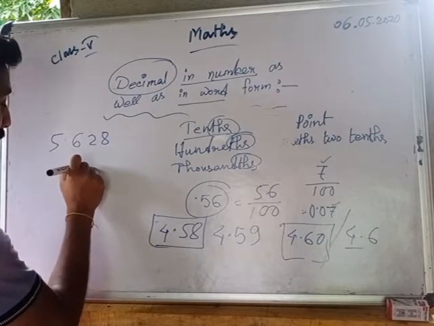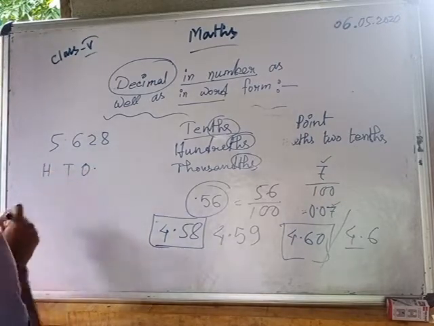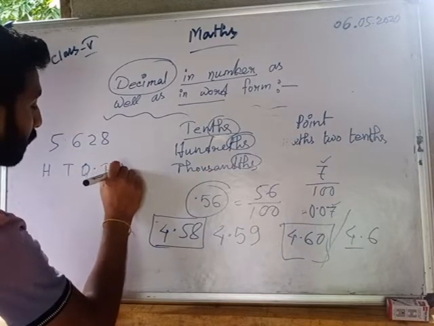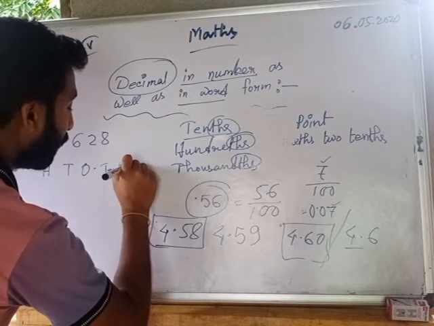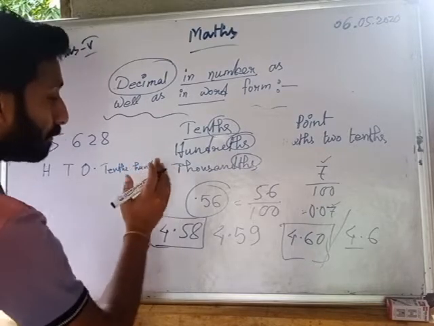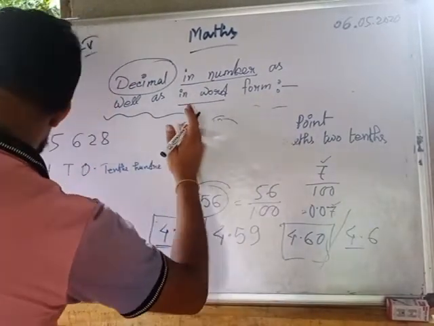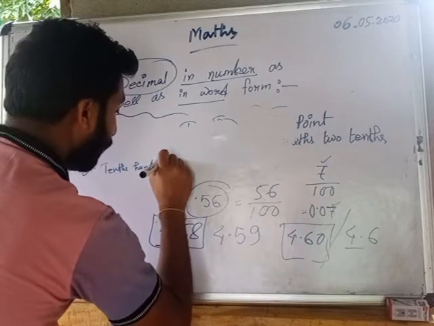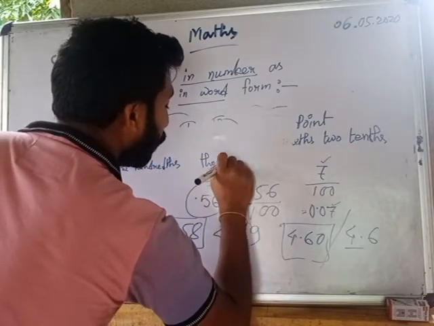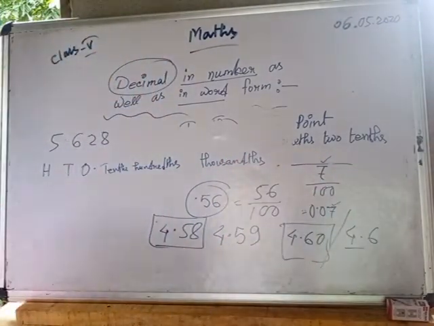It is 1, 10, 100. And we should write here tenths, hundredths, thousandths. We should do it like this.